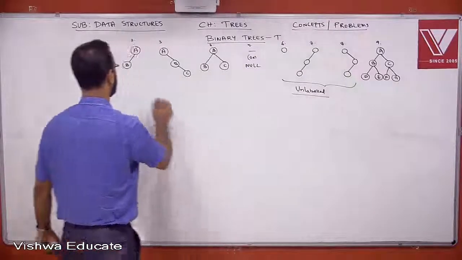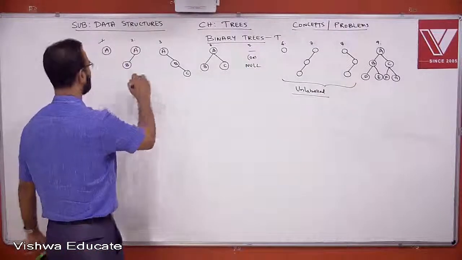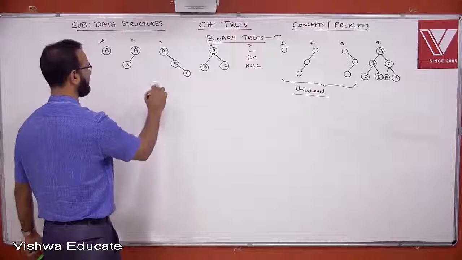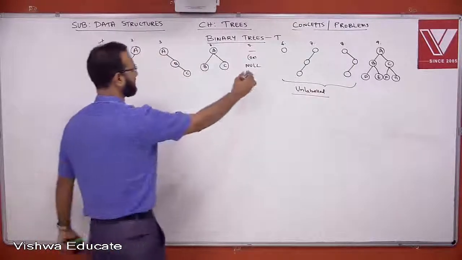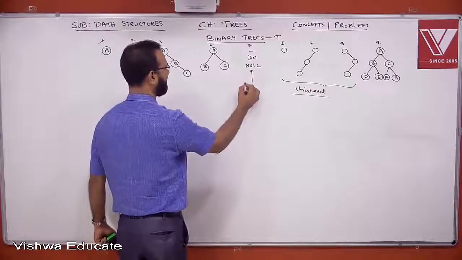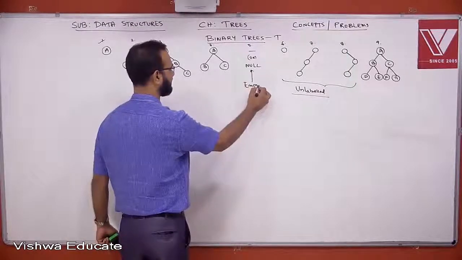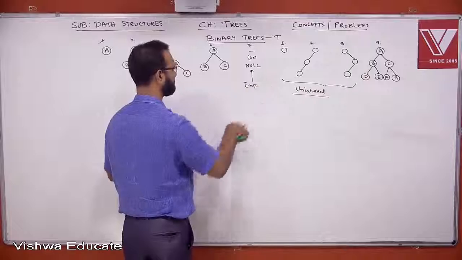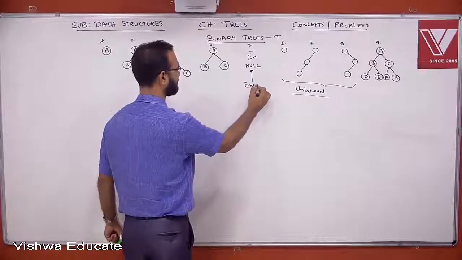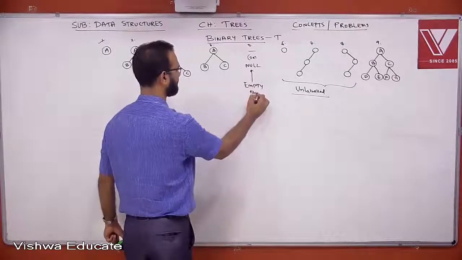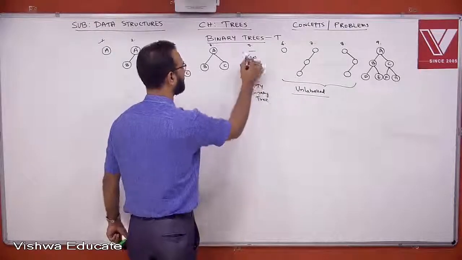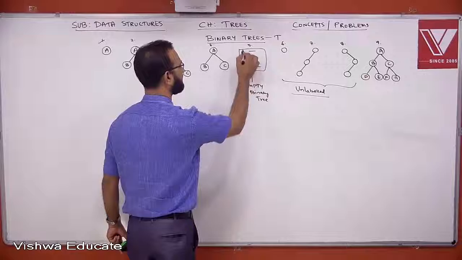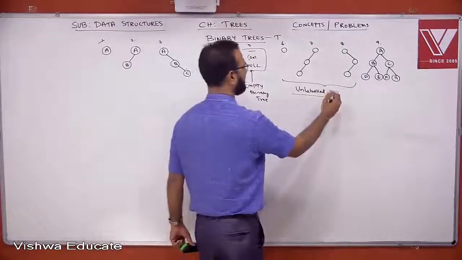Whereas the remaining ones are all labeled. This is also labeled, this is also labeled, labeled with some name. This is referred to as an empty binary tree. This part, all are unlabeled binary trees.